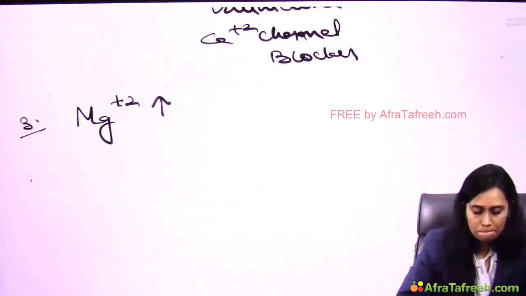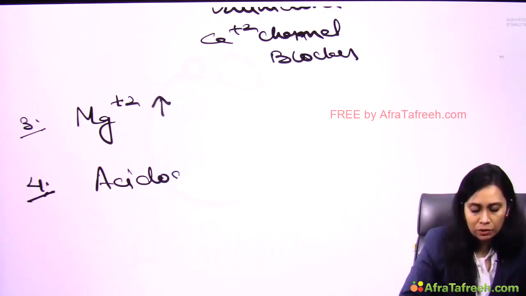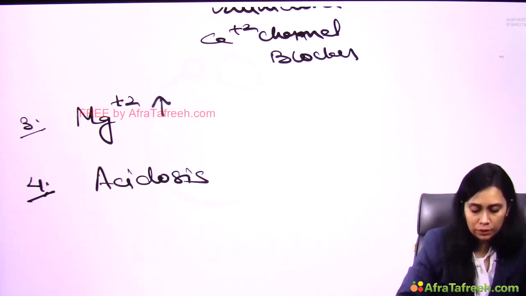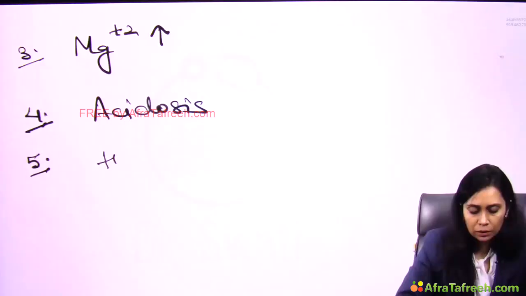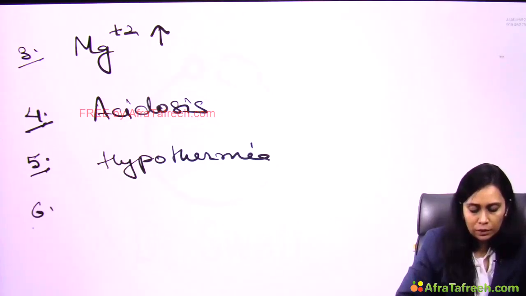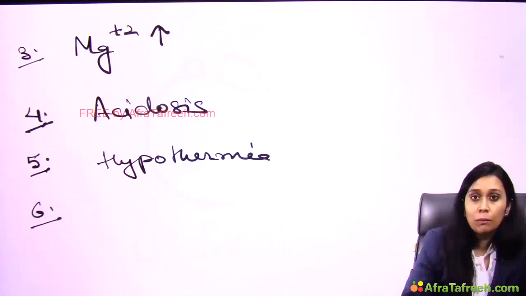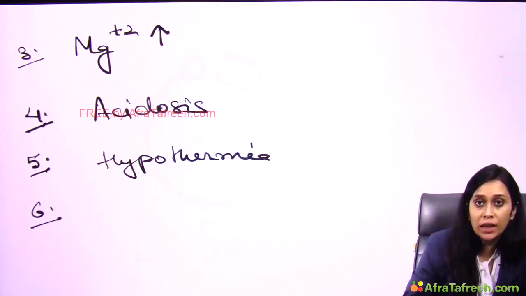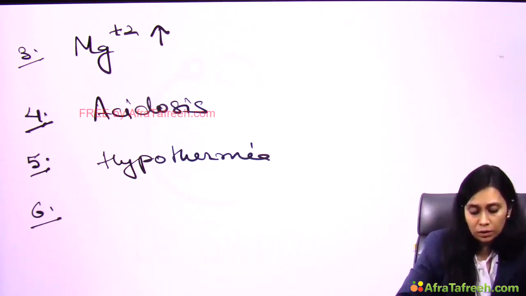Then acidosis potentiates neuromuscular blockers. Then hypothermia potentiates neuromuscular blockers.